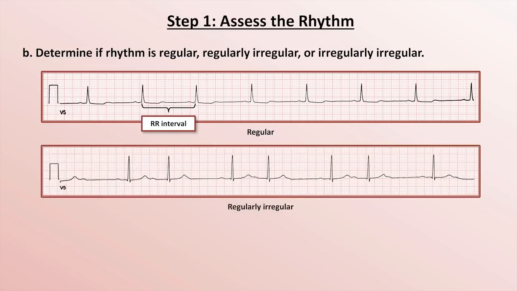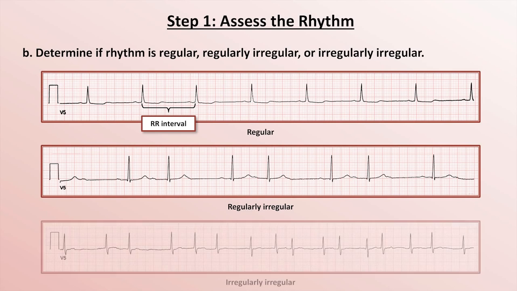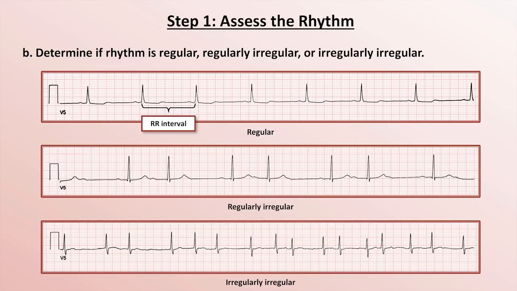Here's an example of a regularly irregular rhythm. The RR interval varies, but does so in a repeating pattern. Finally, in an irregularly irregular rhythm, there is no pattern. QRS complexes seem to come at random and unpredictable intervals.